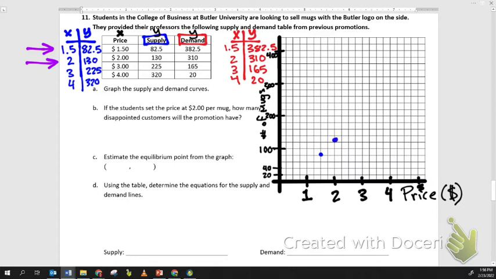That should be about there. Then I keep going. I have $3 will be about 225 mugs. And when mugs cost $4, it's at 320. So that's right there. And then I can go ahead and graph my line.